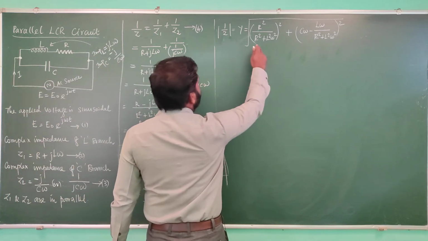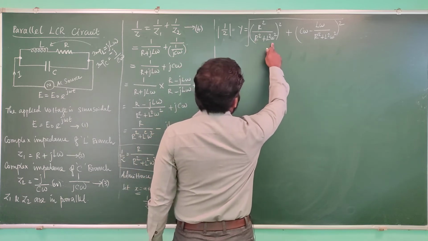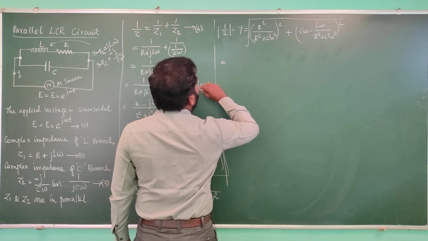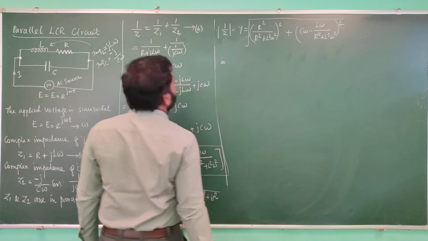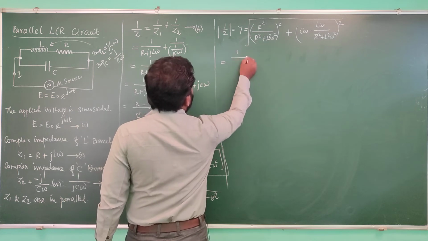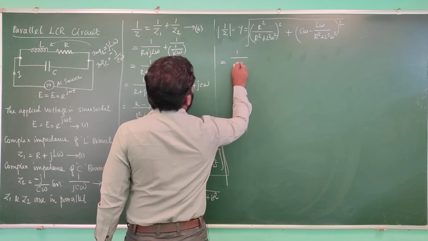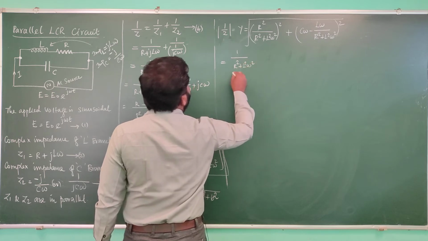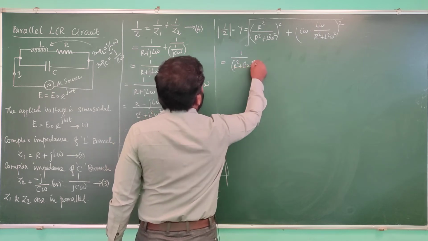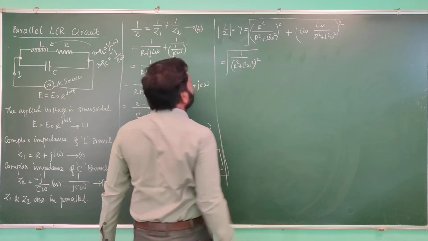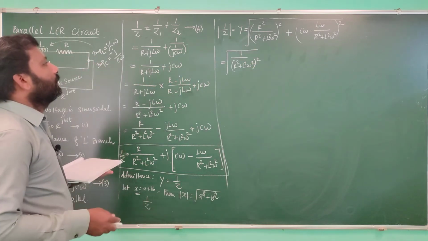Now let's take R square plus L square omega square out from this square root. We can separate it out. So let's write 1 over (R square plus L square omega square), and take out that term.